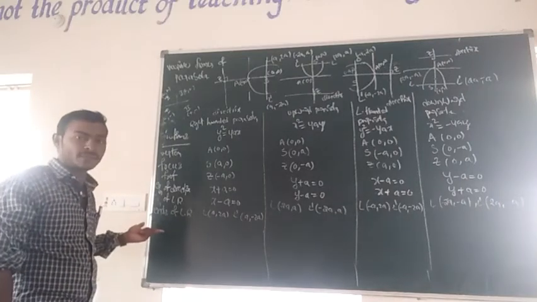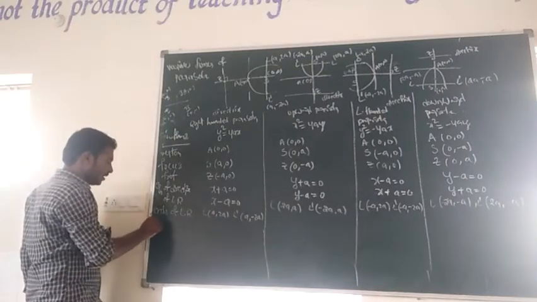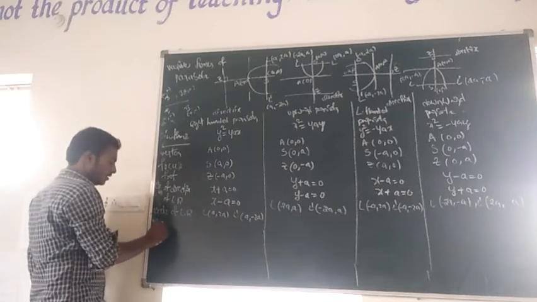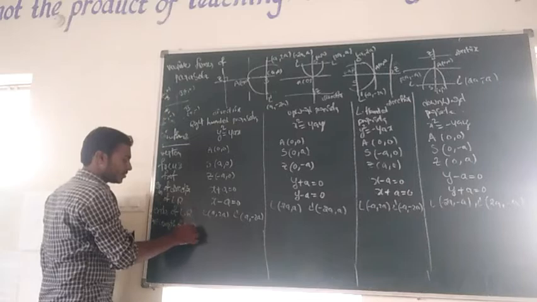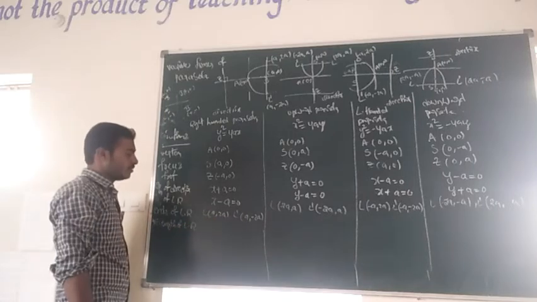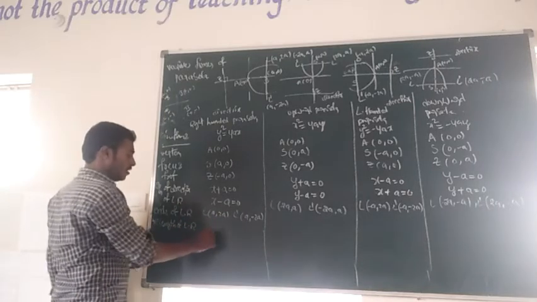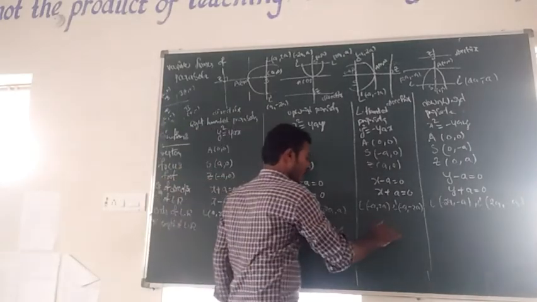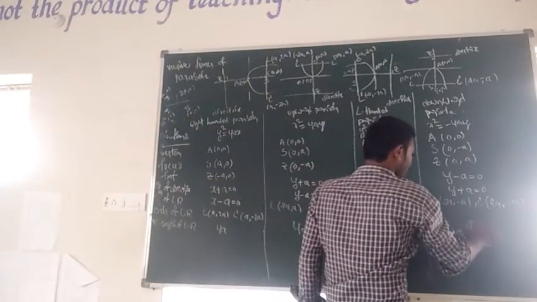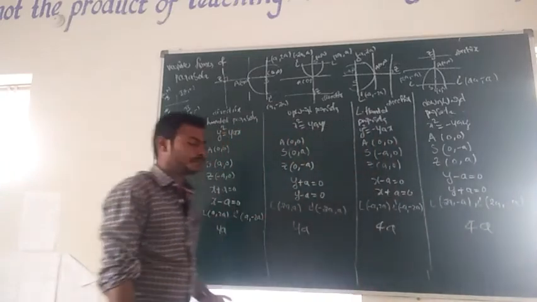After getting the ends of latus rectum, the important thing is the length of latus rectum. The distance between these two points is 4a in each case.